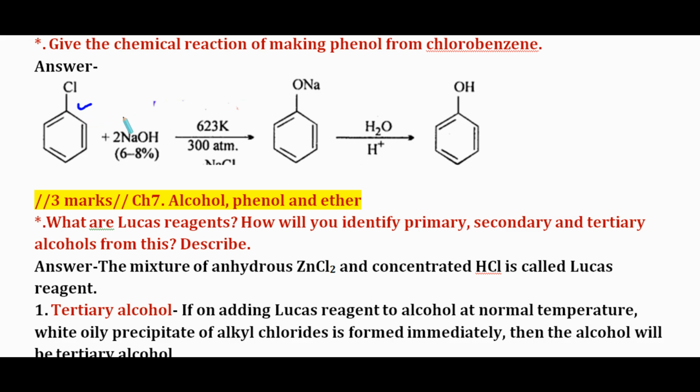This is chlorobenzene, NaOH at 623 Kelvin and 300 atmospheric pressure. We get phenoxide ion, and after hydrogenation we get phenol.